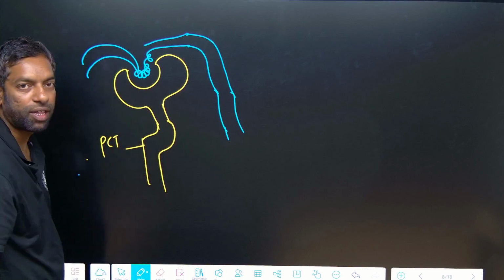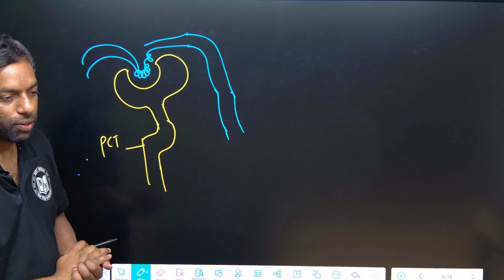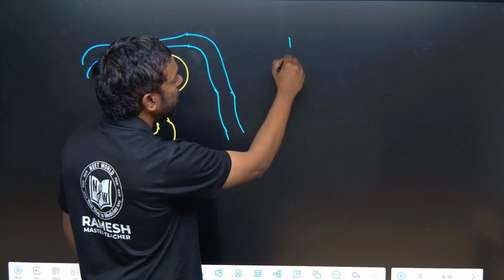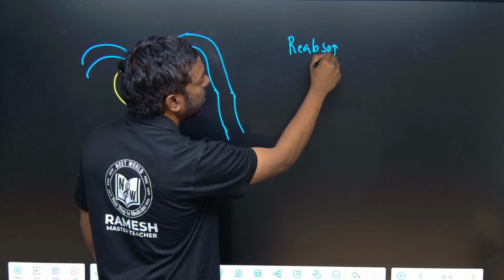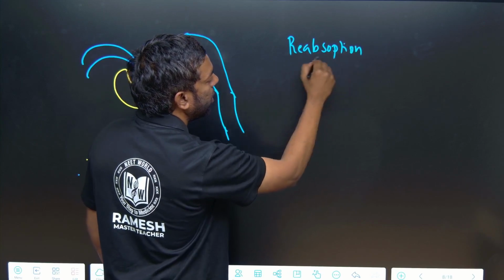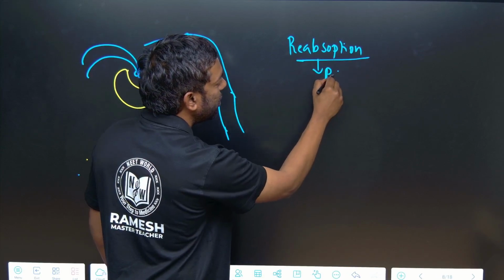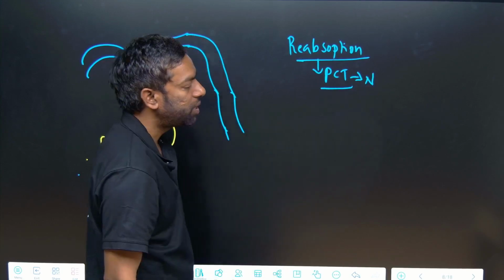This is the lumen of the nephron, the PCT part, and the blood capillary. So, we are going to discuss reabsorption in the PCT part of the nephron.